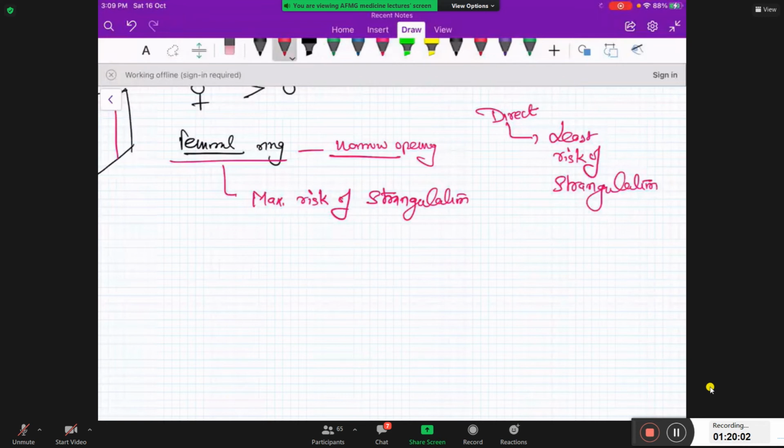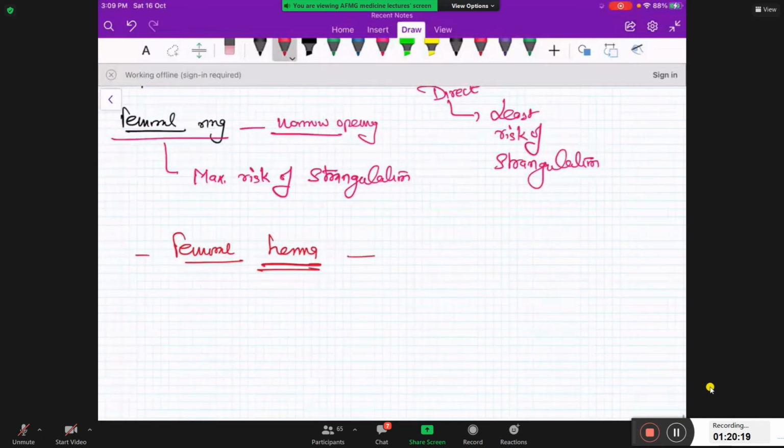And femoral hernia, can you tell me what will be the most common presentation of a femoral hernia? Swelling. It is again swelling in the groin.